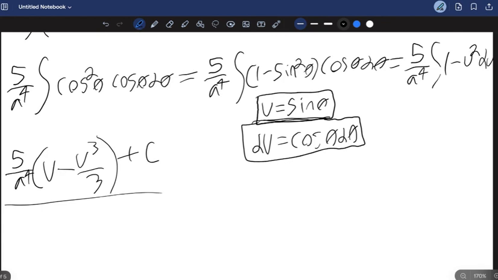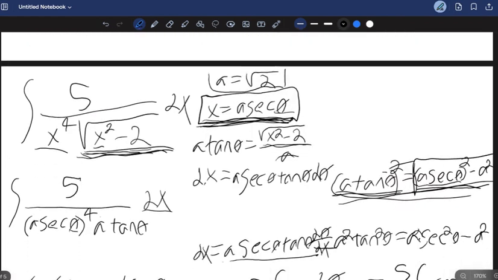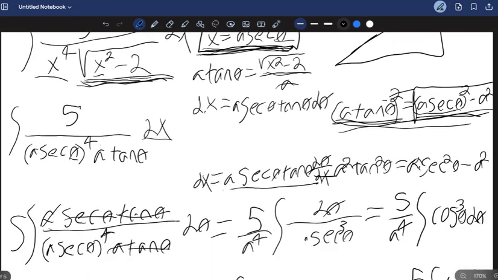Yep. So now we got to figure out what this is in terms of x. So put sine theta into all these u's. Our handy dandy triangle. Sine theta minus sine cubed theta over 3. And then sine is equal to opposite over hypotenuse. So root of x squared minus 2 over x. Yep. This is why earlier you want to make this triangle, even though it's not necessary for all of the steps we've done so far.